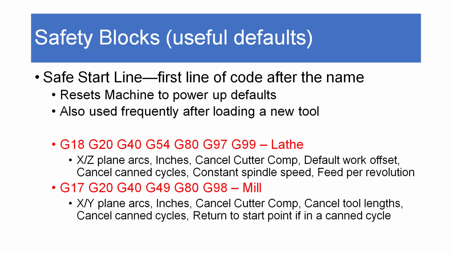Pretty basic stuff, but we're going to do that every time we write a program. A lot of times I'll advise you to put that safe start line in at a tool change so that you can safely start your program from a tool change location and not have anything weird happen.